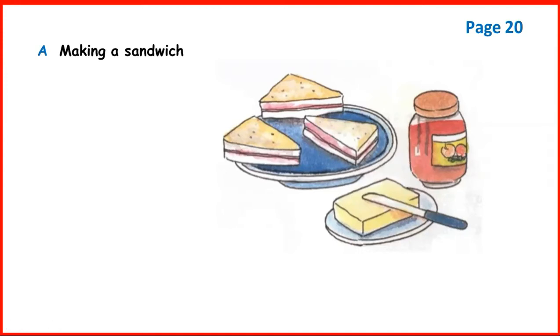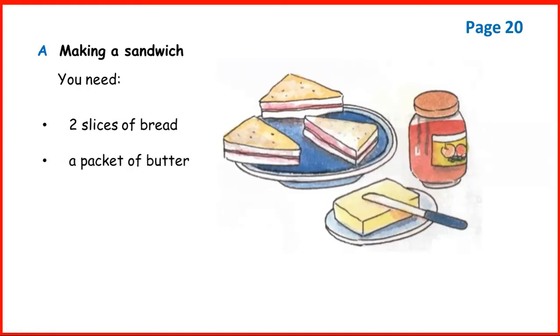Now here we have to learn how to make a sandwich. Now what things do you need when you are going to make a sandwich? Number 1, 2 slices of bread. Number 2, a packet of butter.